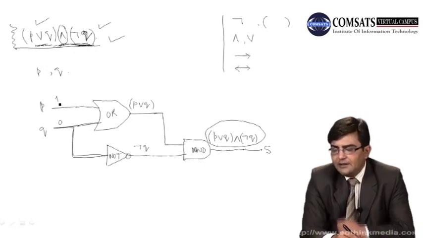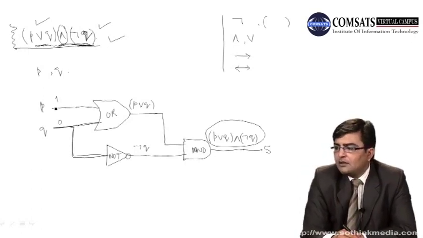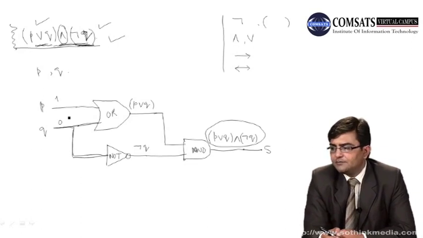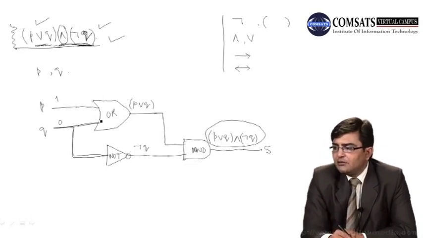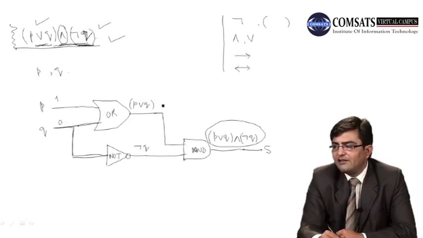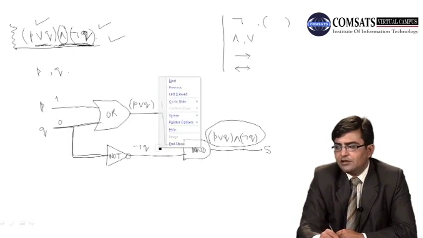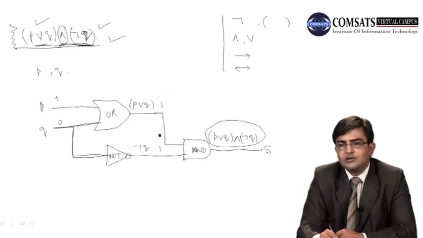Now if we give the input to this circuit as 1, 0, what will be the output? So here we have OR. P is 1, Q is 0. The OR operator will give us here what? 1, because 1 is true and 0 is false. Q is 0, and NOT Q will be 1. NOT Q will give us 1 as output.